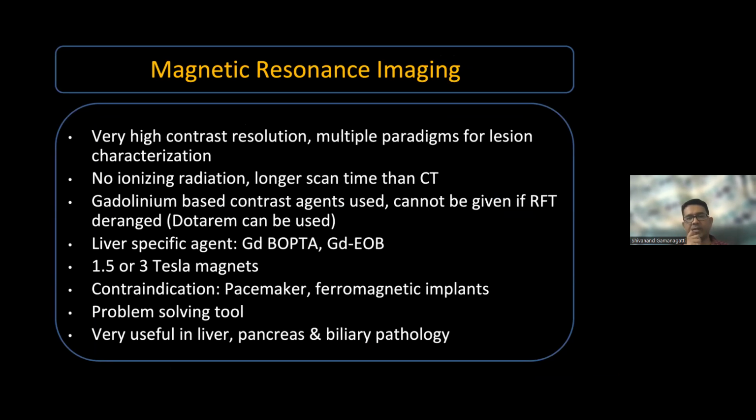Now coming to the MRI, it has multiple paradigms. Unlike CT, we can image in multiple phases, but MR has multiple paradigms in the form of T1, T2, in phase, out of phase, diffusion weighted image. Because of multiple paradigms, it is currently considered a problem solving modality, especially in liver focal lesion evaluation.